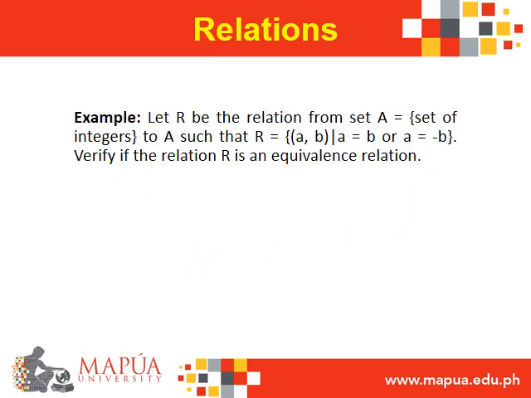Let's take, for example, a relation from set A, containing the set of integers, to set A, whereby our relation contains the ordered pair (a, b) with a equal to b or a equal to negative b. We'll try to verify if this relation is indeed an equivalence relation.